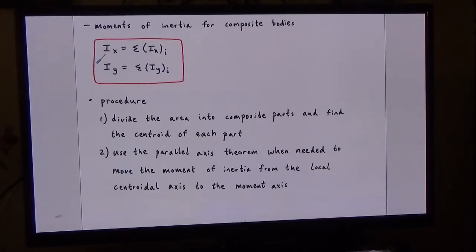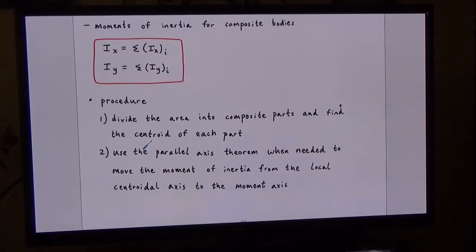So, for instance, I about x is the sum of I about x for all of the parts. I about y is the sum of I about y for all of the parts. Whenever we have a composite body, this is the general procedure that we're going to go through, and we'll walk through this very slowly, step by step, with several examples. First, divide the area into composite parts and find the centroid of each part.